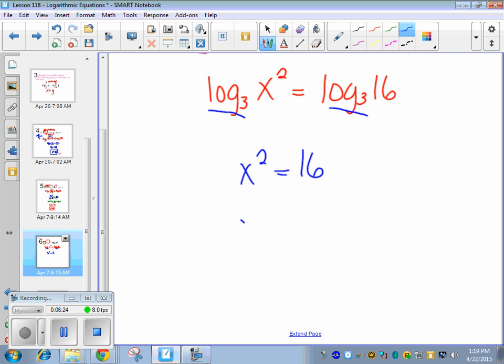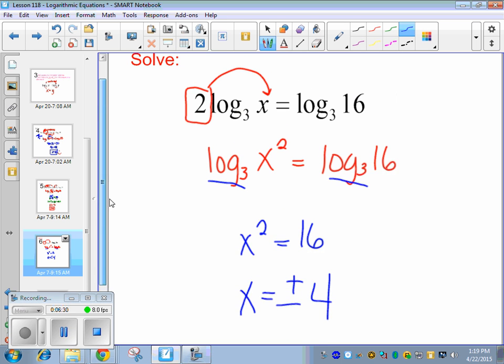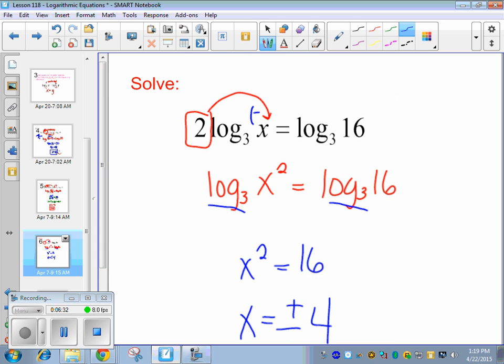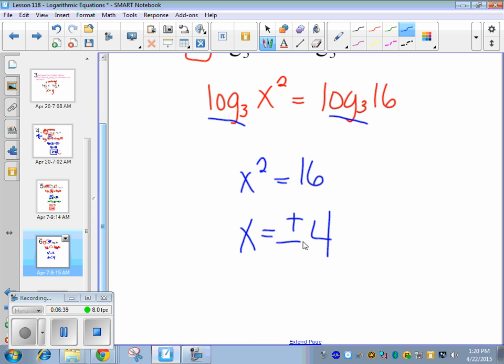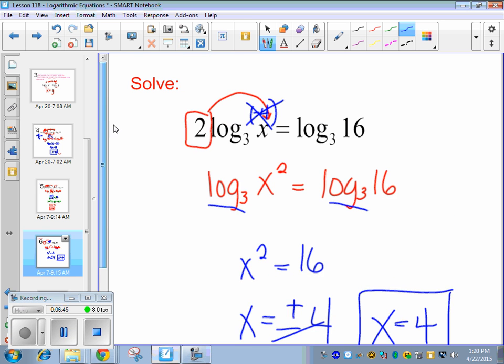And what do you have to remember when you take the square root of both sides? Plus and minus. Okay, but let's go and check both solutions. If we plug in a negative 4 here, that gives us a negative argument. So you cannot have negative 4 as a solution. So the only solution that works is positive 4 because it gives you a positive argument.